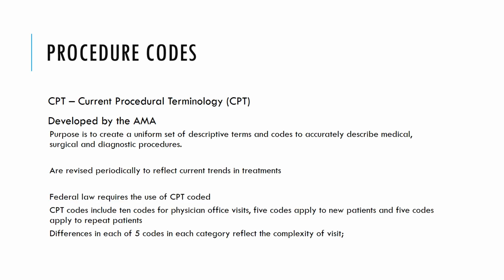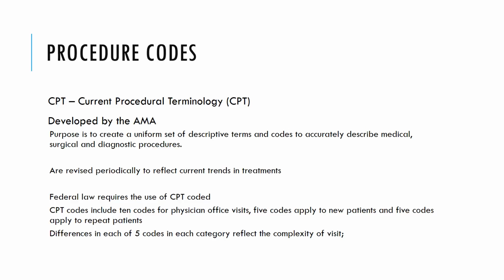Now procedure codes. ICD-10 codes are used to specify diseases. Procedure codes, referred to as CPT, the Current Procedural Terminology, were developed and copyrighted by the American Medical Association, and they are used by clinicians to specify procedures performed on patients.